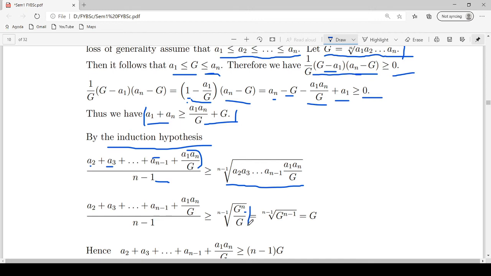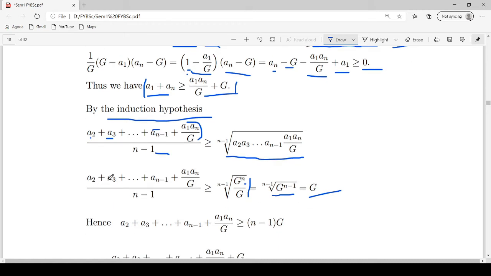But g raised to n upon g is equal to g raised to n-1. So you have on the right hand side of the inequality the n-1th root of g raised to n-1, and that is equal to g. So you have got (a2 plus a3 plus up to an-1 plus a1 into an upon g) divided by n-1 is greater than or equal to g.